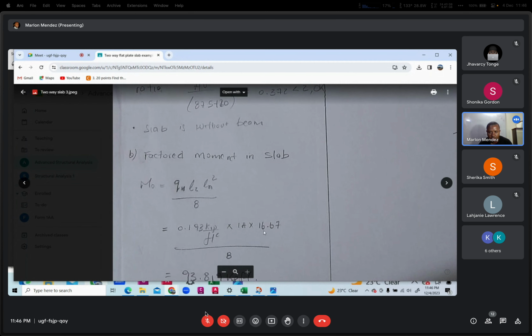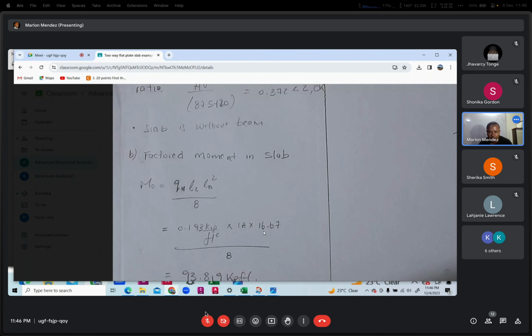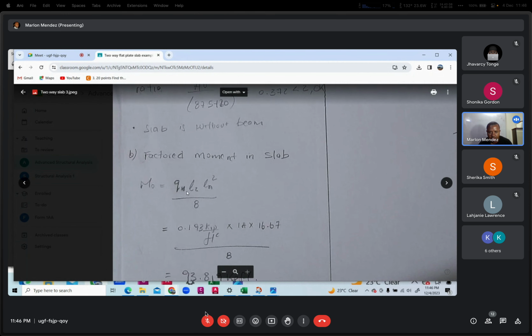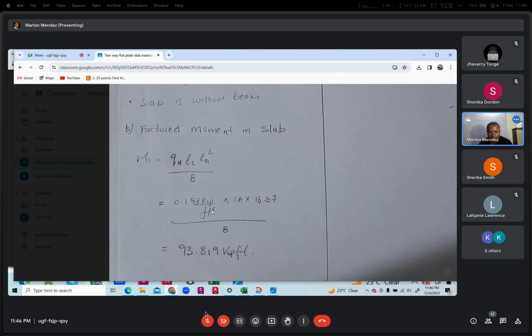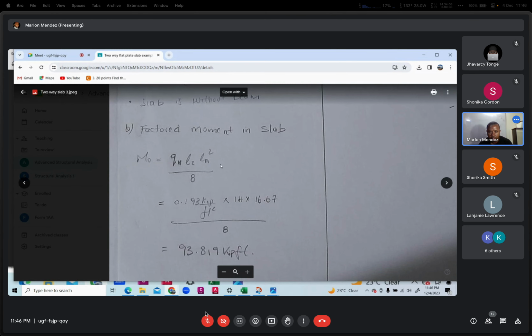We already know the clear span. We know what L sub two is, which is perpendicular to ln, the clear span, and then for the moment in the slab we got 93.